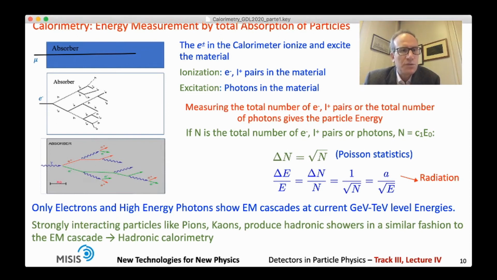This schematic drawing shows you the difference between a muon, which somehow can be absorbed in the material just because you have enough material to stop it, but it will not shower unless its energy is extremely high, as we said in the beginning. Then the electron will interact with the absorber and will produce a shower, and the same will be done by the photon.